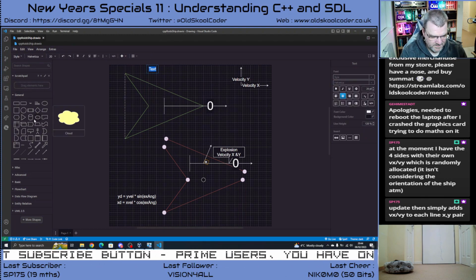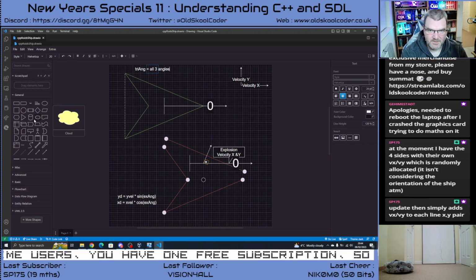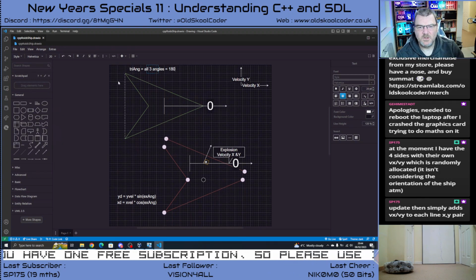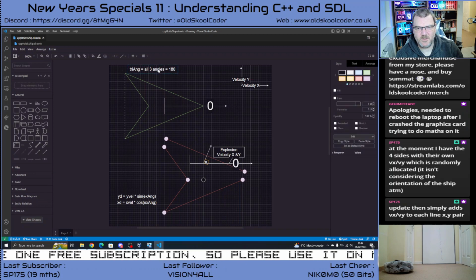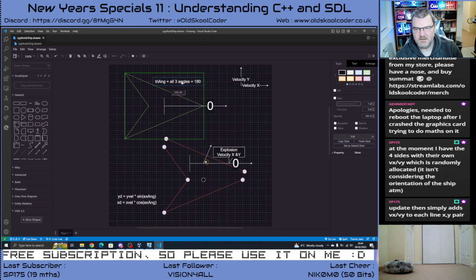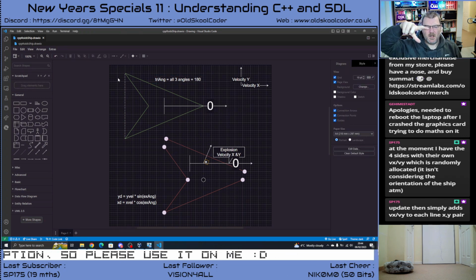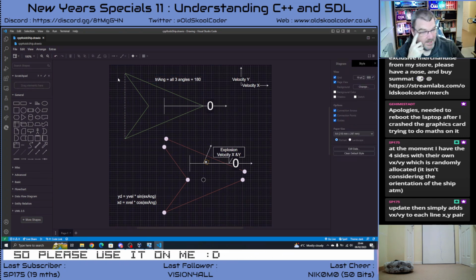So a triangle is equal to all three angles equals 180. Cool. Trigonometry, eh, guys? Who would have thought we'd be doing that today? So a triangle has 180 degrees.